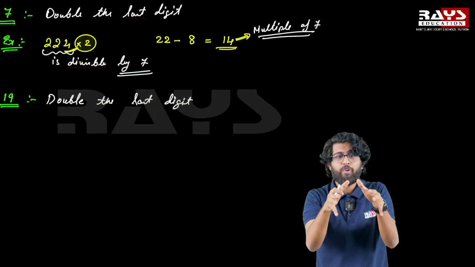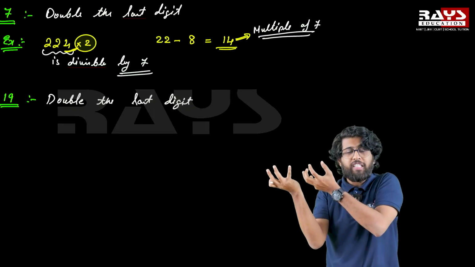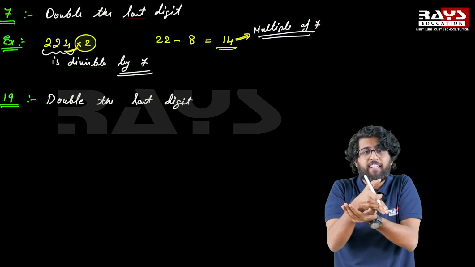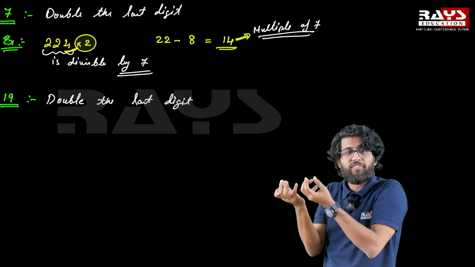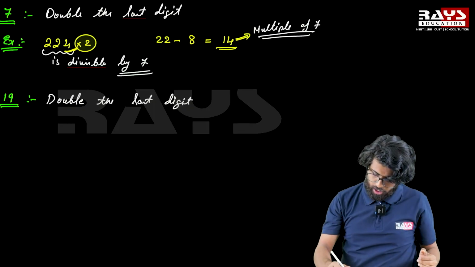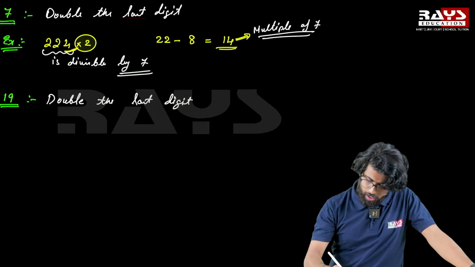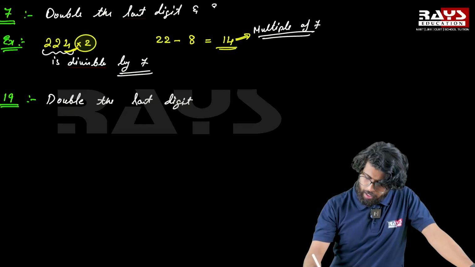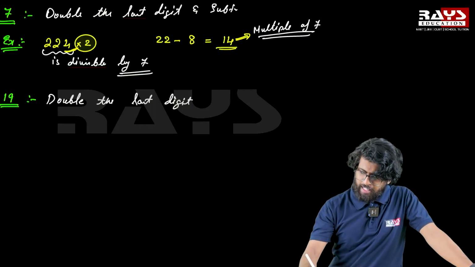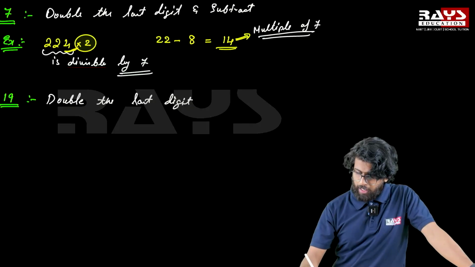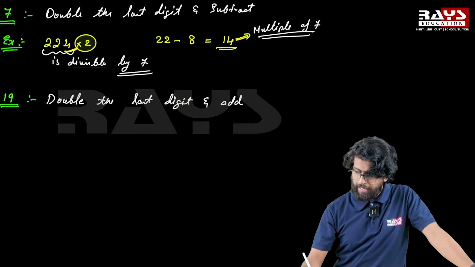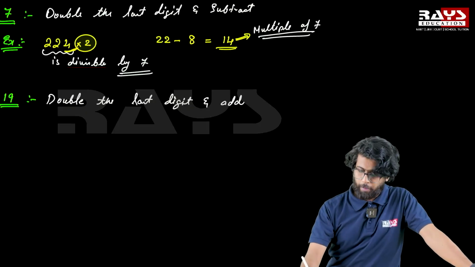But here, you just double the last digit and add it to the rest, and check whether the result is a multiple of 19 or not. This is just a clue, not the extended detailed manner of the divisibility rule, just the shortcut. By reading this, every detail should come to your mind.